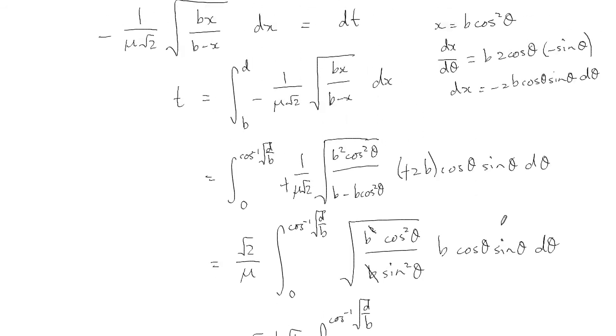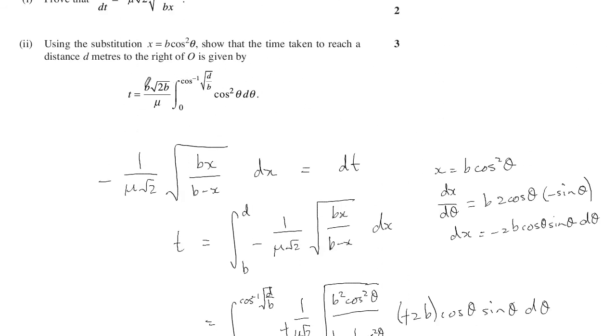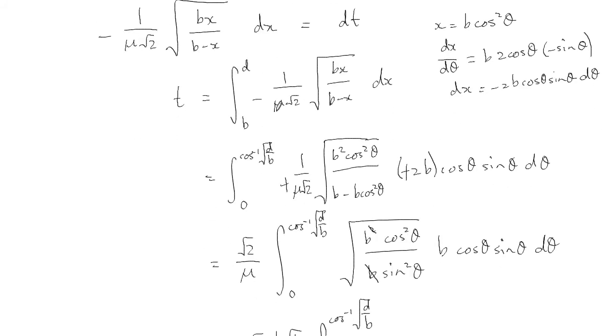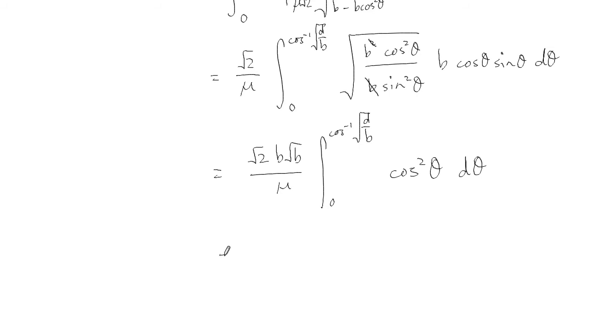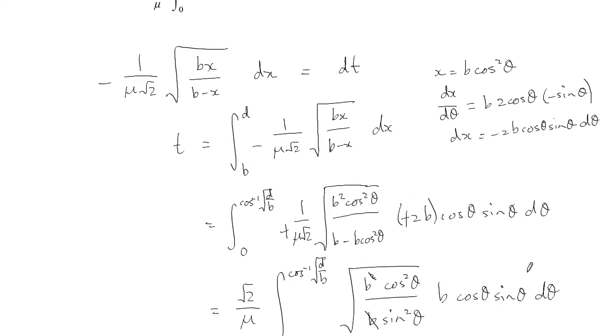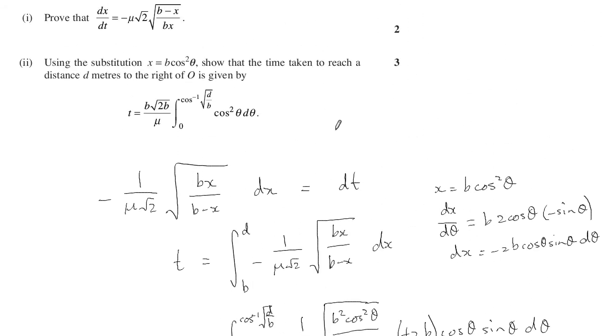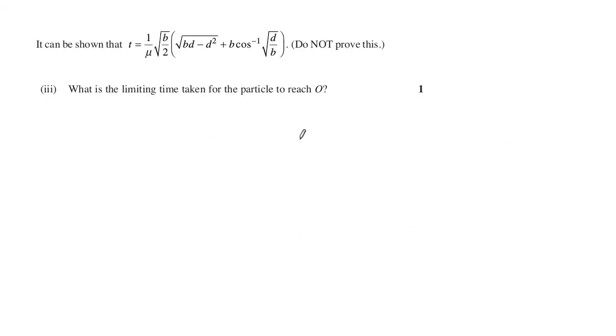Let's just check where we're trying to get to. Oh, okay, they've put the b inside that same square root with the 2. So I should do that as well. And mu, and then you get the idea, just that again, and then that's what we were trying to prove.